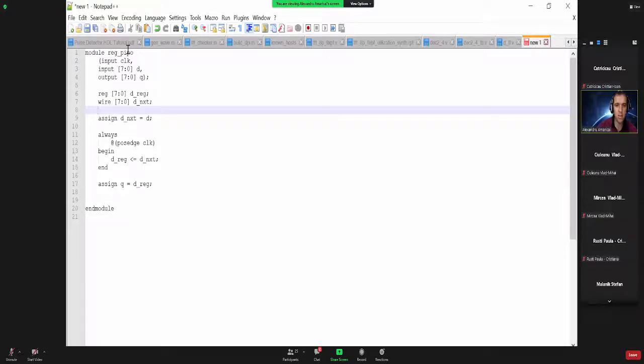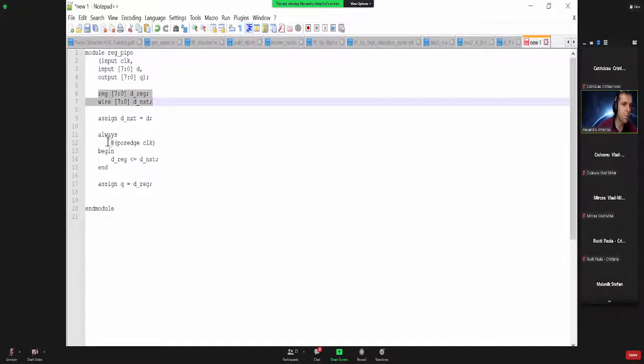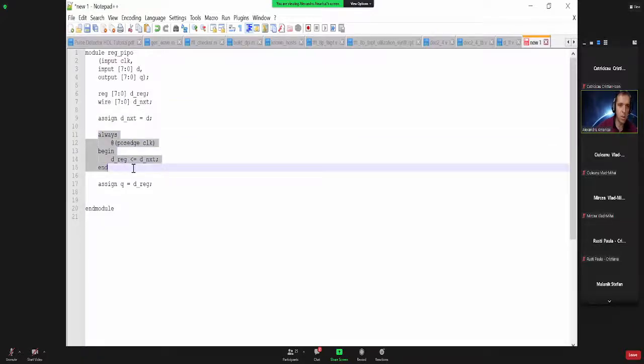They have the clock signal, and at the same positive edge, you load the data. And basically, this declaration here and this always block is how you model it.